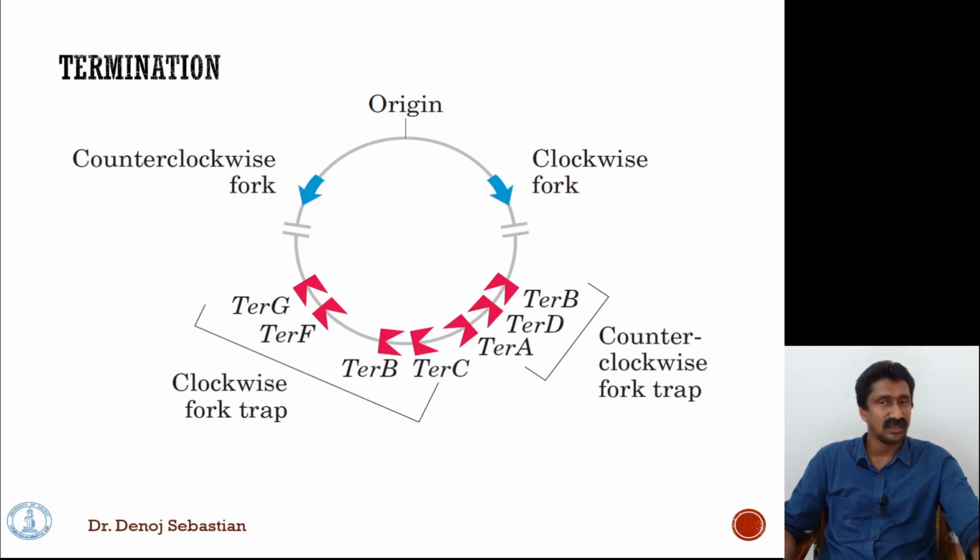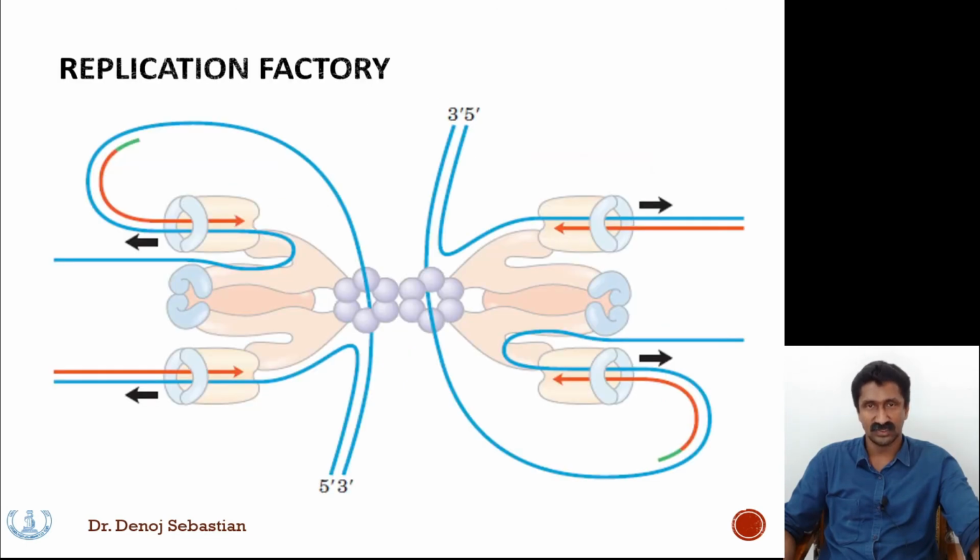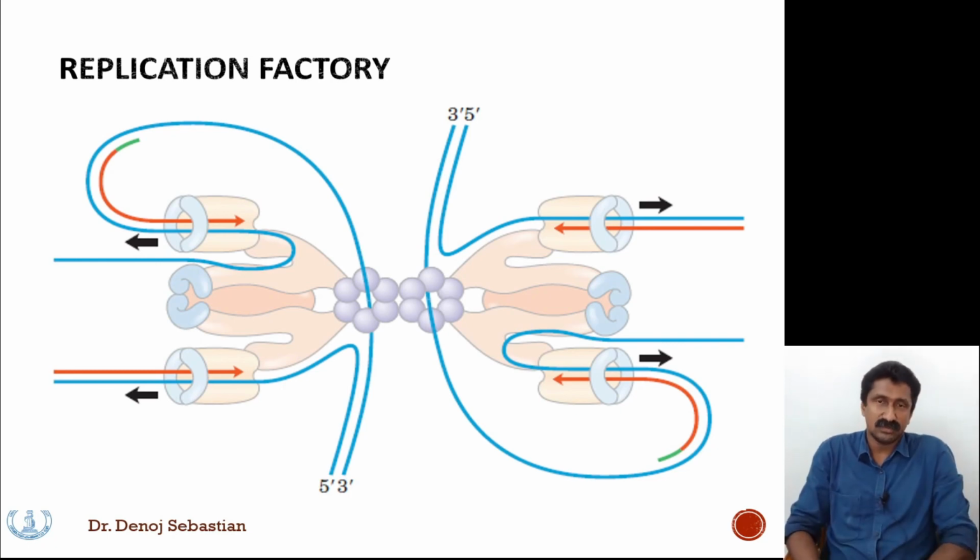Both circles will be completely copied, and this fork cannot pass this region, and this fork cannot pass this region. So both the circles will be copied, but the circles will be interlinked. That will be separated by the topoisomerase 2 activity.